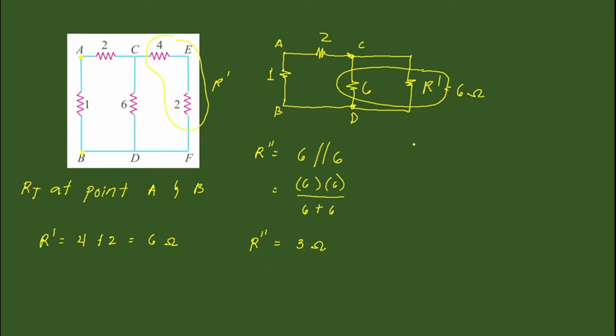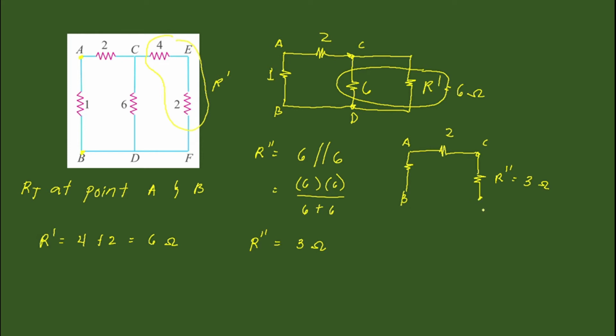Now, redrawing the circuit at point A and then point B, this is the 1 ohm, and then between A and C is the 2 ohms. And then, connected now is our R2 prime, which is equal to 3 ohms.